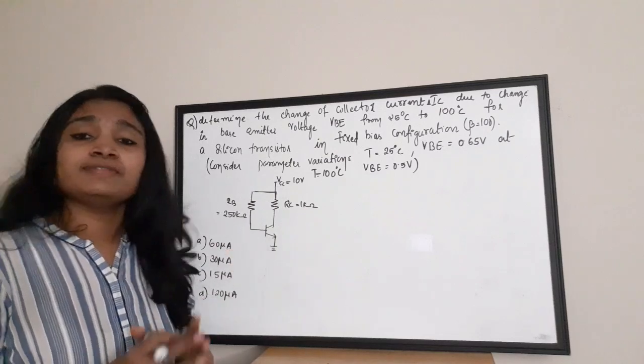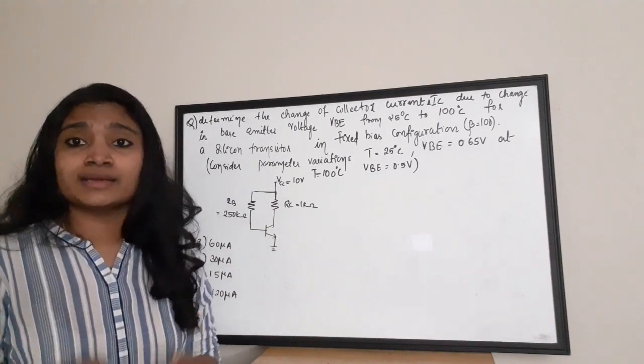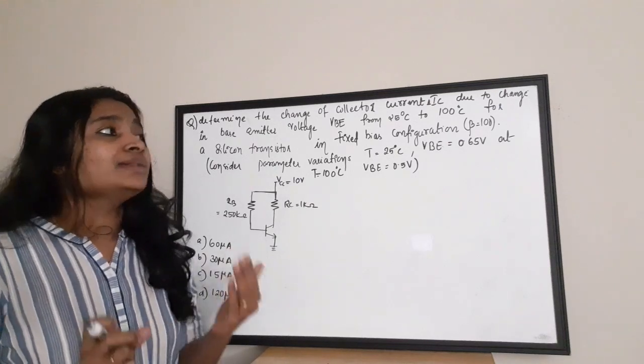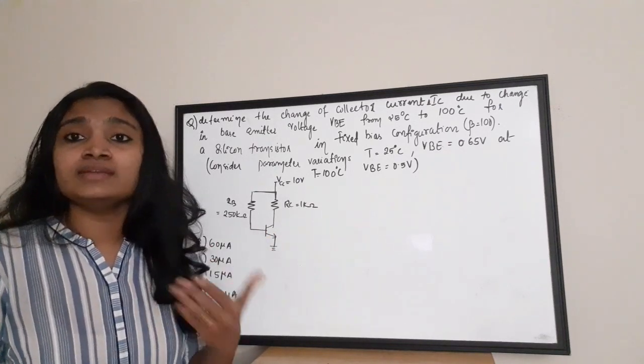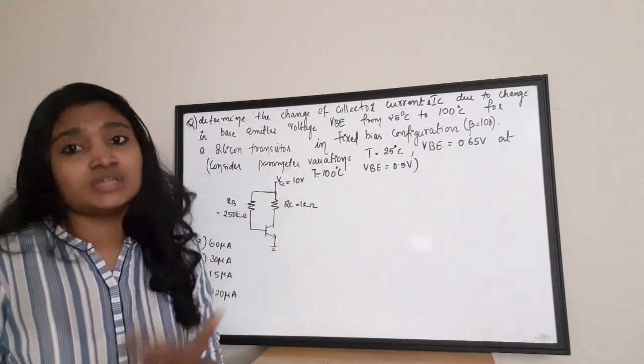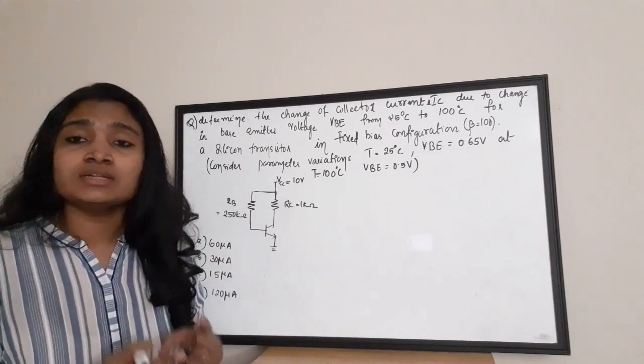We need to find the change in collector current, delta IC. This collector current changes with the base emitter voltage, VBE, and there is also a change in temperature.